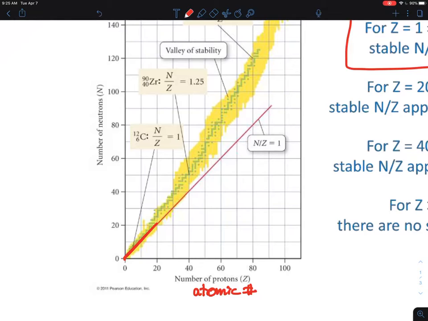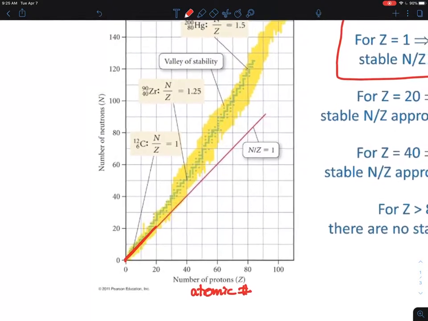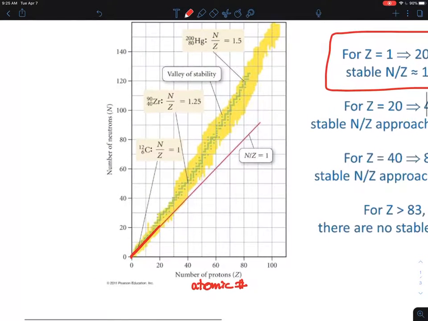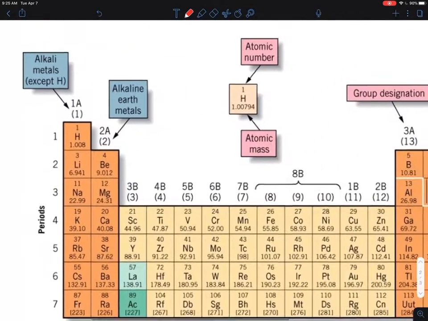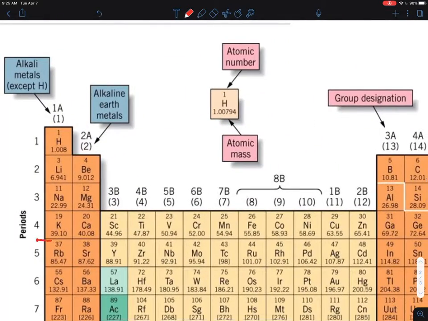This yellow line is what is most abundant in nature, and we empirically find that the number of protons and the number of neutrons are the same. So up to element 20, the Z number 20.